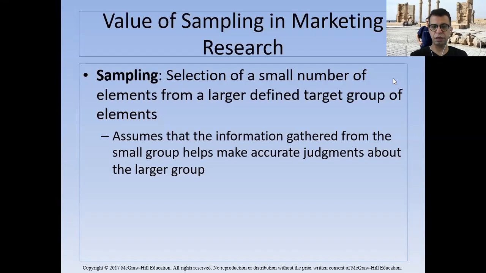We assume that the information we have gathered from the small group helps us make an accurate judgment about the larger group. In other words, because we cannot study a larger group, we study a small group, and according to that, we make accurate judgments and decisions.